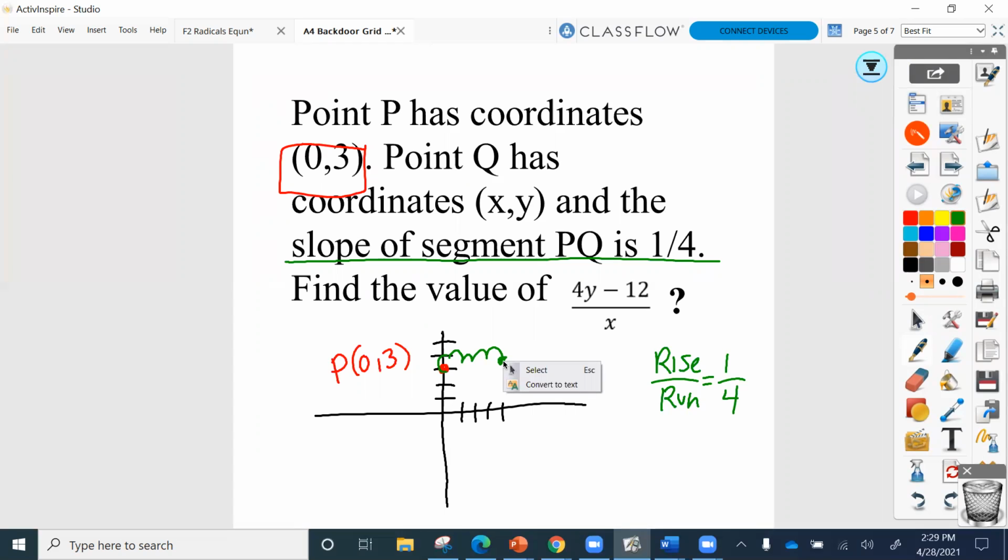Well, if we went up 1, oops, let's do that in a different color. Point Q would be right here. So if we went up 1 from 3, that means the y value is 4 now. And if we went over 4, then the x value went from 0 to now being 4.